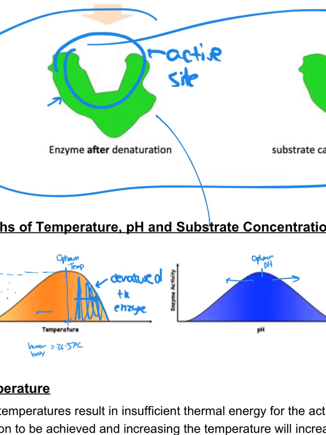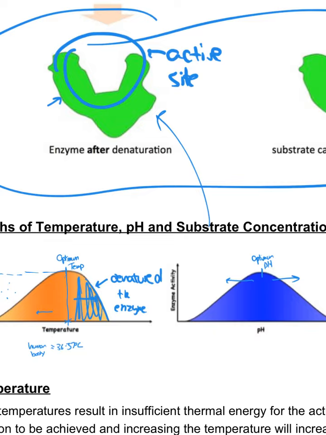So we're right back to this thing again, right? The shape of the enzyme changes so that the active site is no longer valid, and the result is that the enzyme and the substrate don't fit, they don't match. So the enzyme can no longer speed up the reaction.